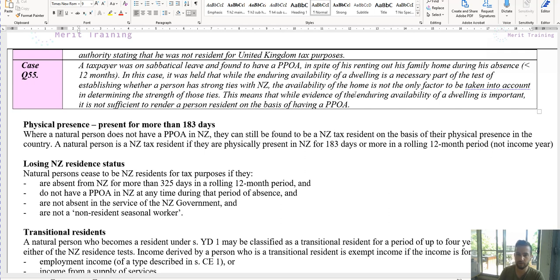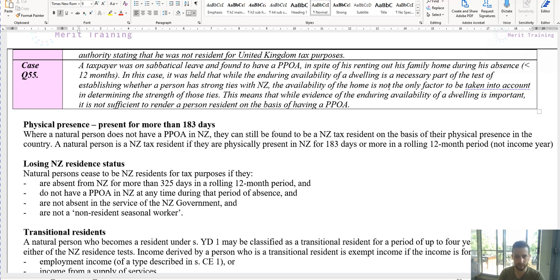So that's probably the key point here: whether you've got access to the home or not isn't the only point. There are other ways you can have a connection. Obviously, the court found in this case that this person had a connection. It doesn't say how, whether that was through friends or family, but they proved a connection to the country, regardless of whether the home was available.